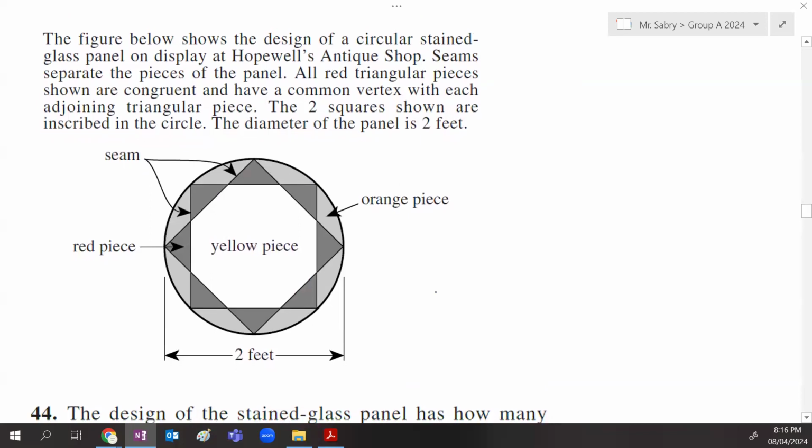So how many lines of symmetry are there? Basically, lines of symmetry are lines that split the shape into equal parts, which means we have this line of symmetry, the horizontal one, we have this, we have this, we have this, and every other point.